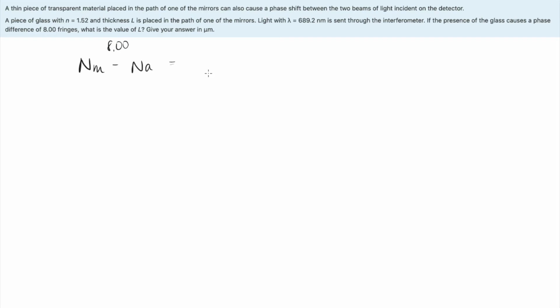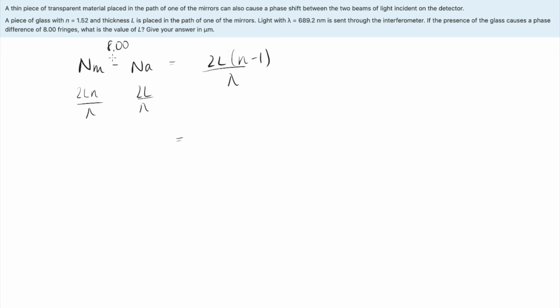And that equaled our 2L(n minus 1) divided by the wavelength of light, and that is in air. So remember, this is going to be 2Ln divided by lambda, and this is just 2L divided by lambda. Okay, cool. So then we need to rearrange this and try and figure out what L is.